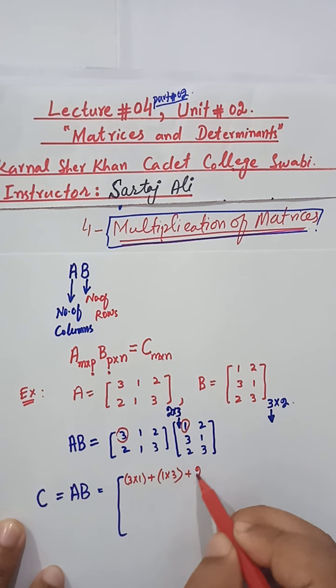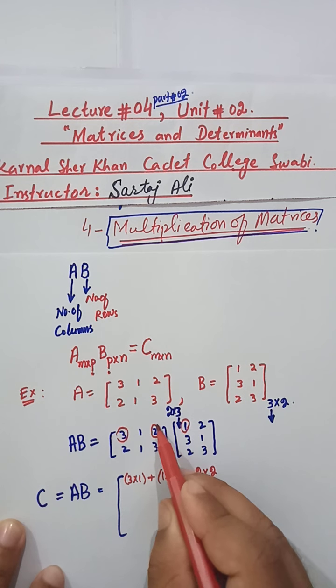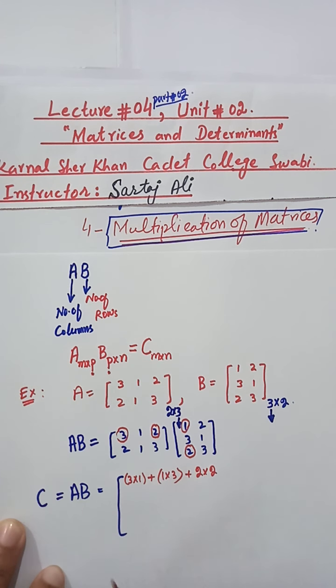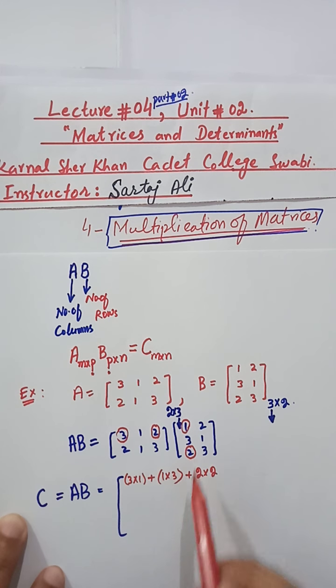Similarly 2 will be multiplied with 2 because this is the third element of the first row and this is the third element of the first column. So when you multiply the first row with the first column, in the resultant matrix C, the sum of the products of the corresponding elements will be written in the place of the element in the first row and first column.